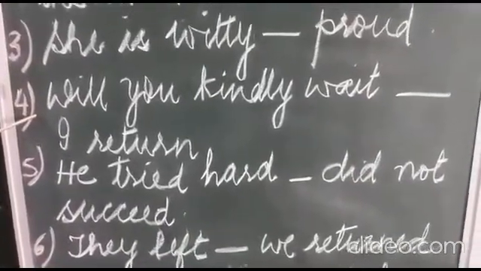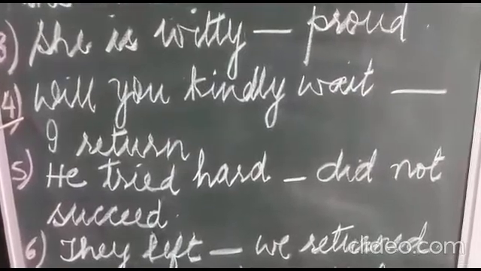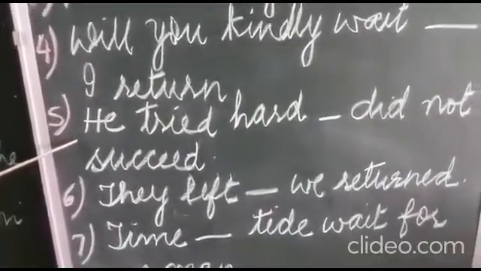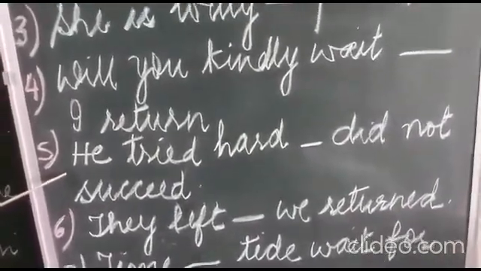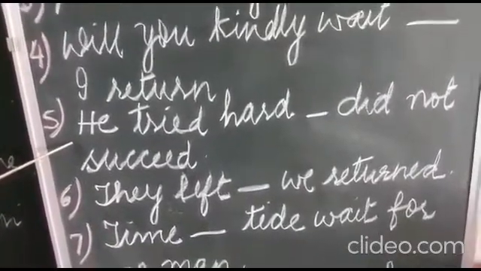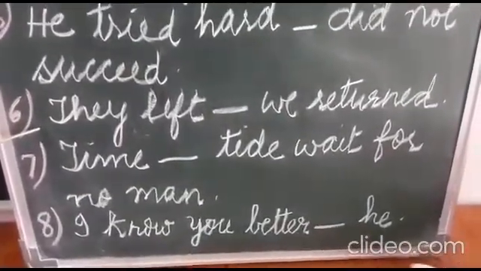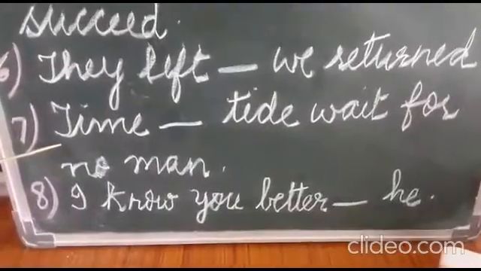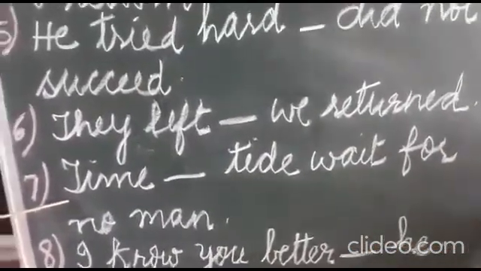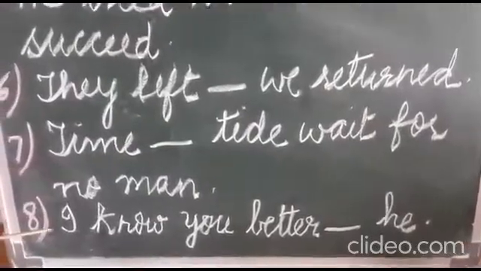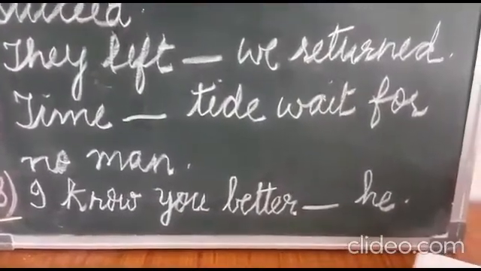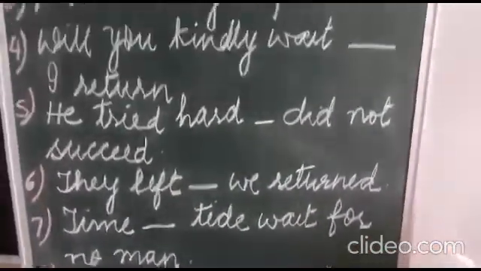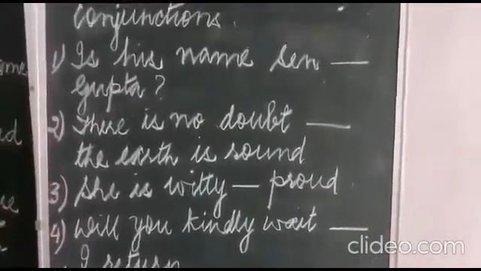Fourth one, will you kindly wait dash I return. Next, he tried hard dash did not succeed. They left dash we return. Next, time dash tide wait for no man. Next, I know you better dash he. So this exercise, you fill these blanks with conjunction.